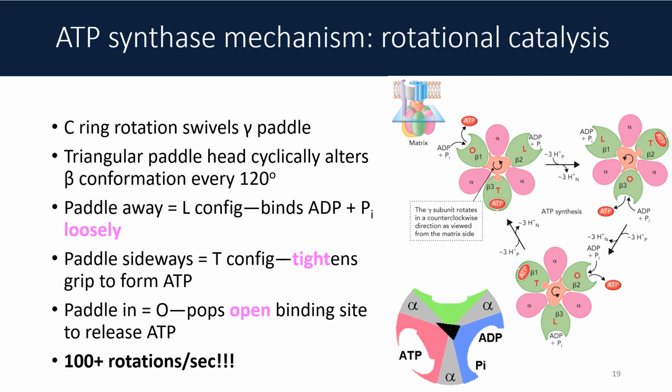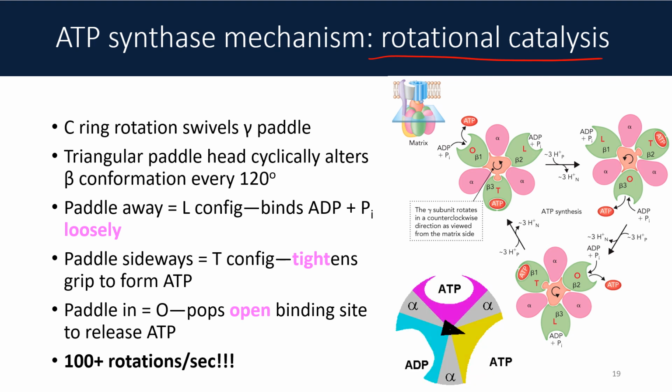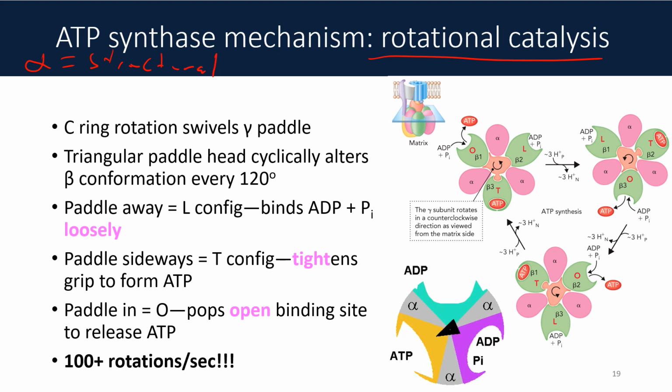Let's go through the rotation-dependent synthesis of ATP again, because it is nothing short of elegant. We also call this, by the way, rotational catalysis. In the ATP synthase headpiece, we have these subunits called alpha and beta, shown as these pink and green ovals respectively, and they're arranged as a heterotrimer. The alpha subunits are structural. They help catalysis happen, but they don't actually do it directly.